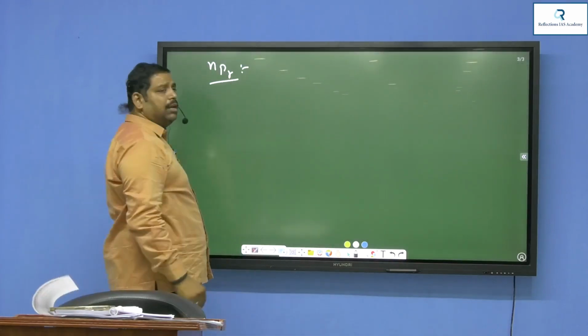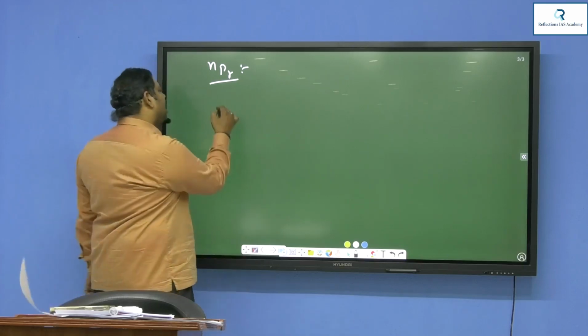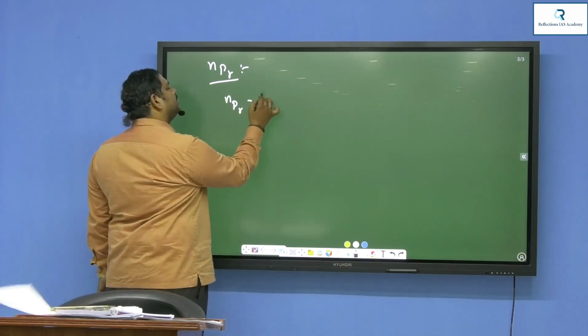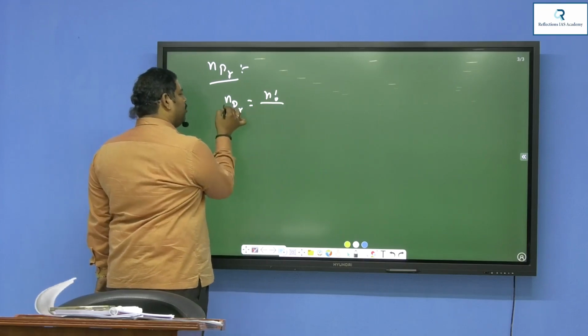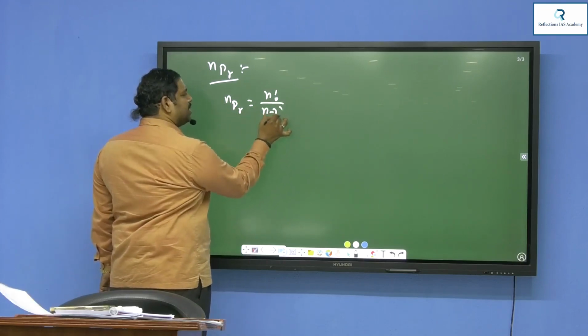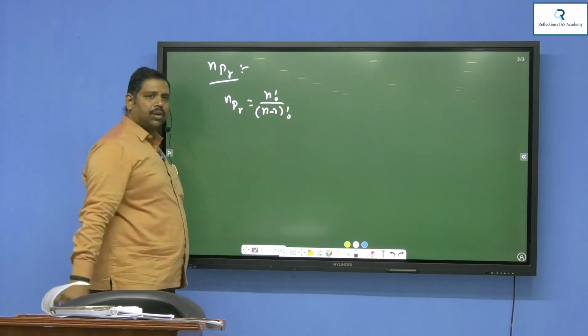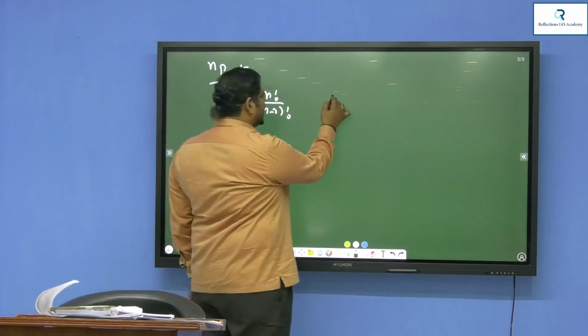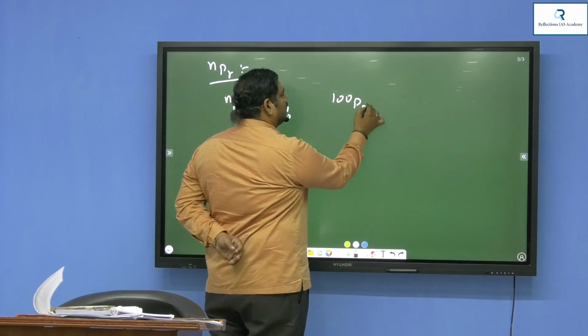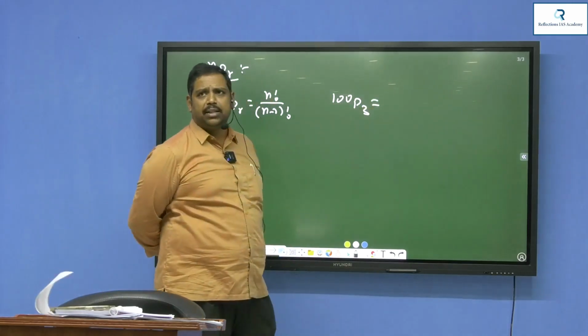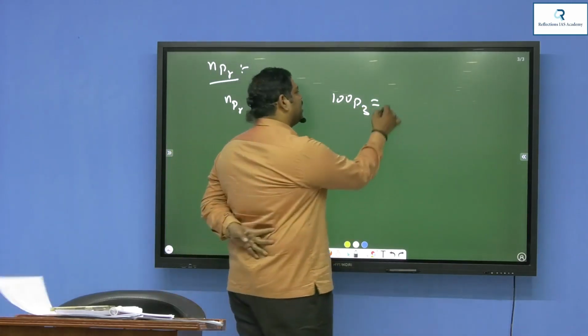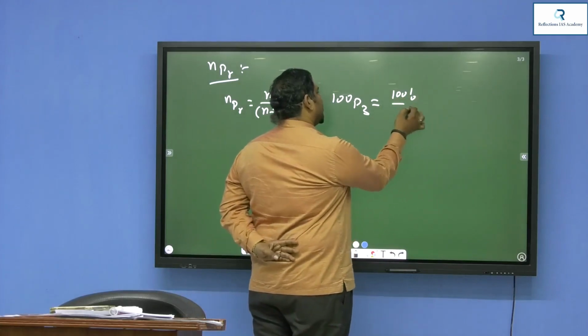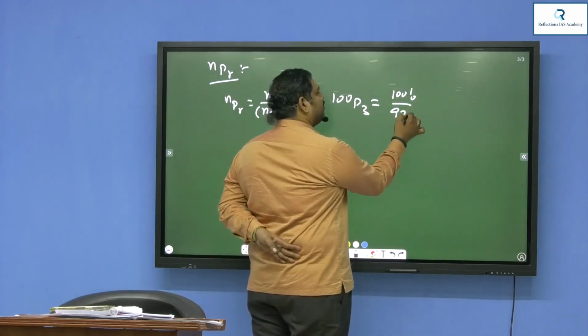Don't say NTR, okay? NPR. NPR is equal to, the actual formula is n factorial by (n minus r) factorial. Suppose I have an example of 100 P3. The formula says that 100 factorial by (100 minus 3) which is 97 factorial, right or wrong?